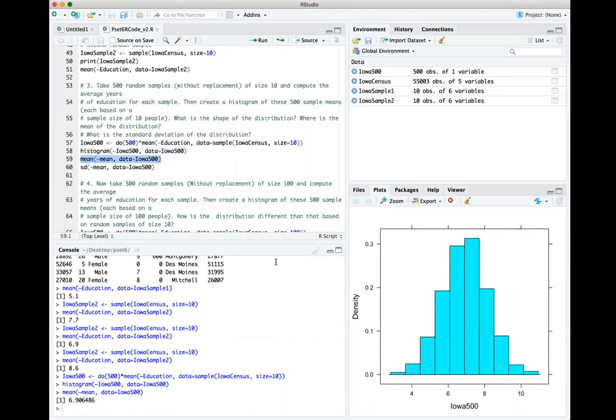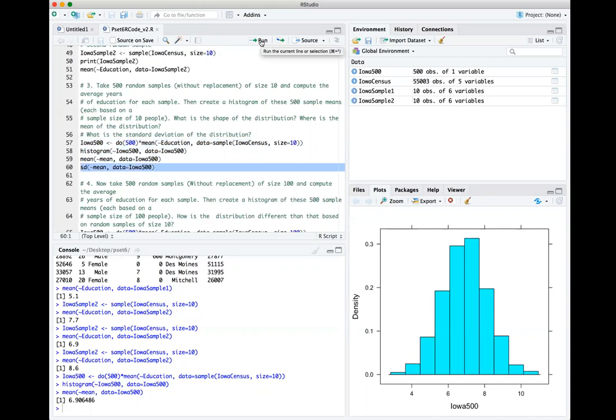If we take the mean, even with a sample size of 10, we have a point estimate that's pretty close to the population. Remember, our population parameter was 6.99. Here we have something that's 6.8. Then we have the standard deviation of our estimates, and this is the standard error.